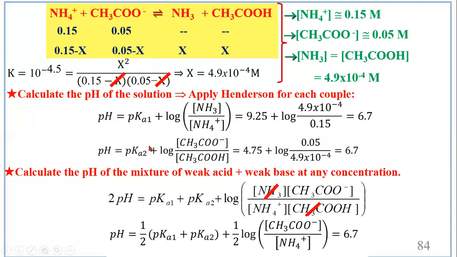Then simply I use this equation, pH equals half pKa1 plus pKa2 plus half of the log of the concentration of the base in the mixture divided by the acid in the mixture. Okay, it becomes easy to do because then you don't have to calculate X even. Here it becomes much easier because you already have this number without X calculation. Much faster.